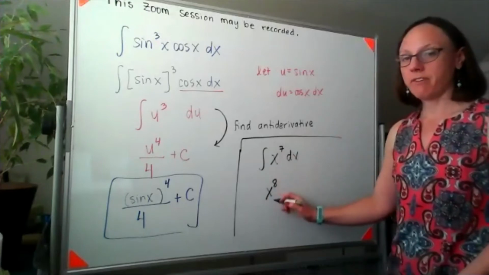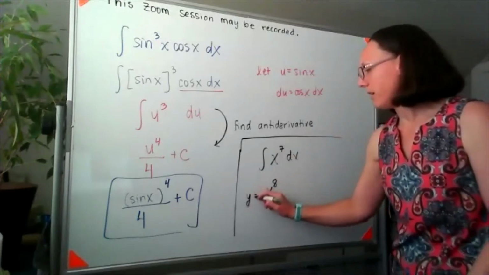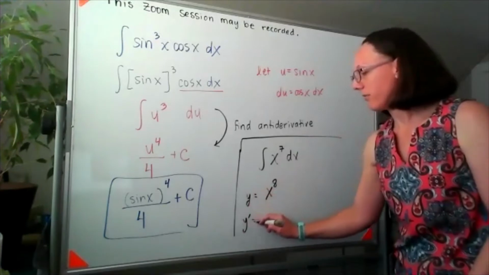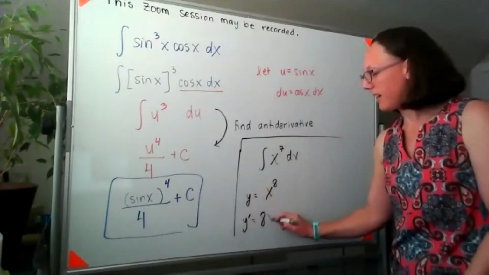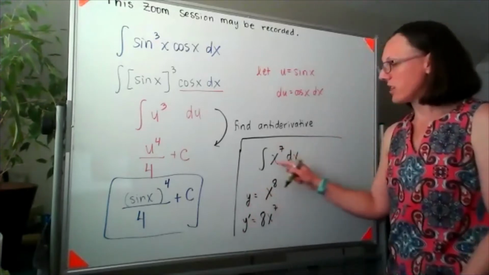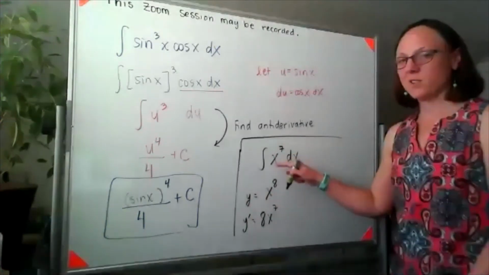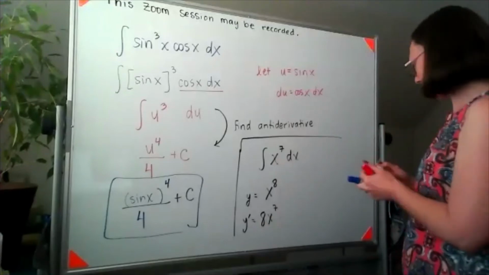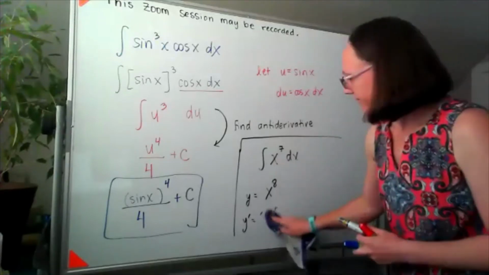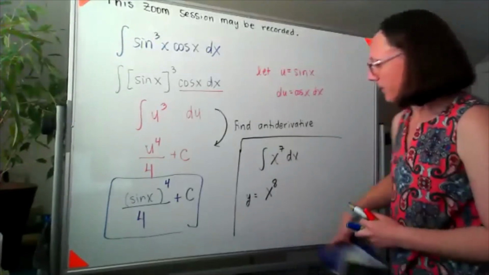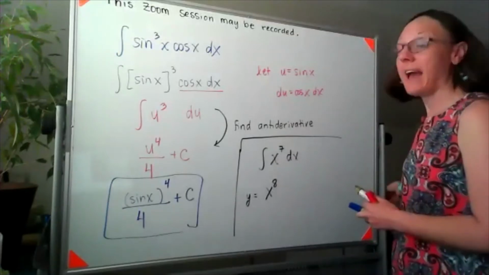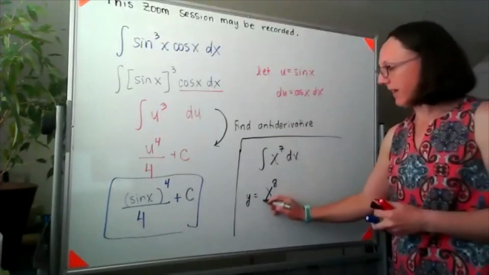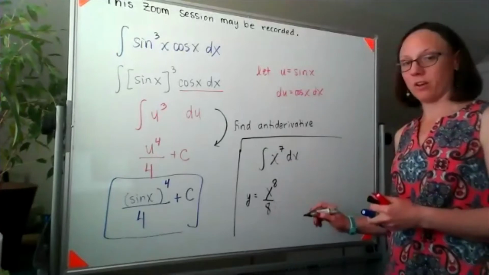But if this were the function and I took the derivative, I'd actually end up with 8x to the 7th, which isn't what we started with. So we correct for that 8 in our guess by adding 1 to the exponent and then dividing by the new exponent.